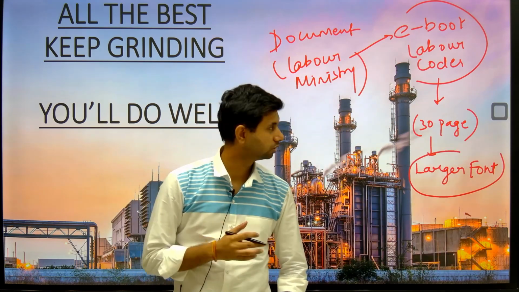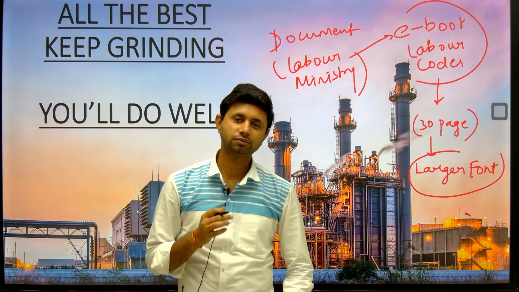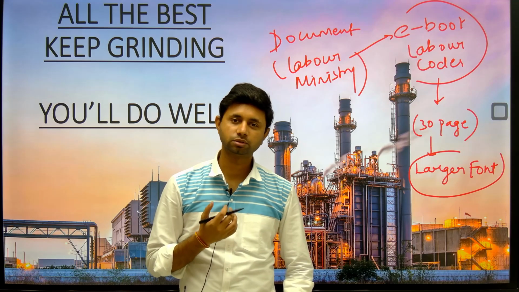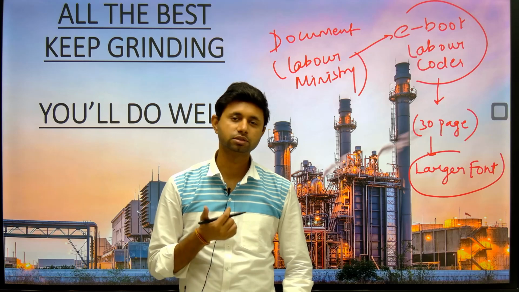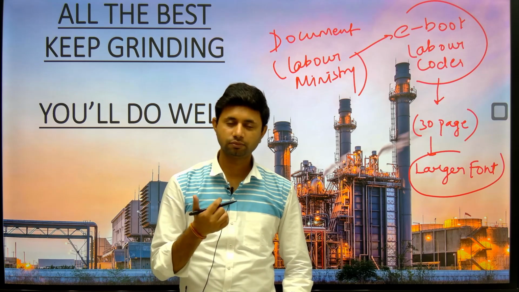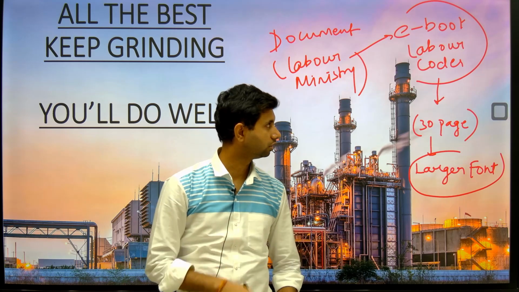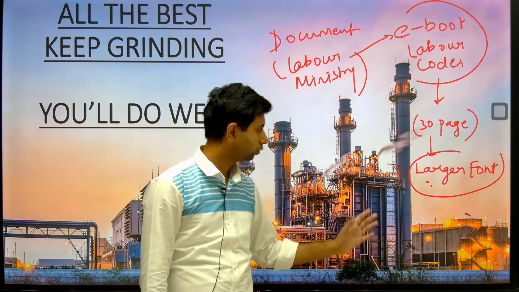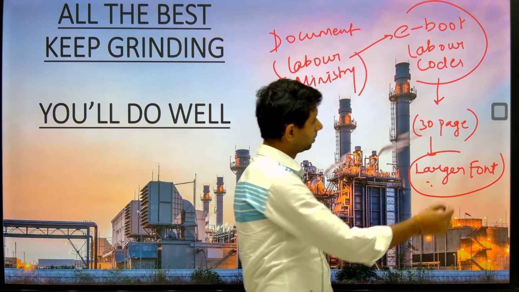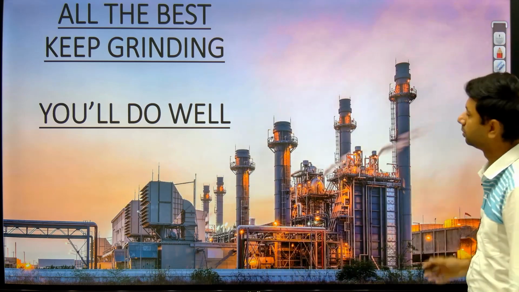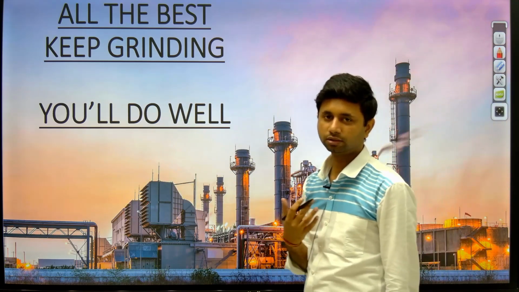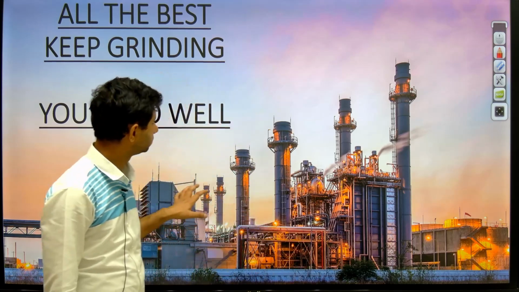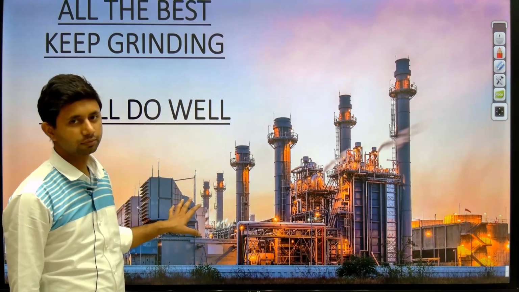Just stick to the basic major things with respect to all the different codes, be it on wages, be it on industrial relations, be it on occupational safety, health and working conditions, or be it on social security. Just have a look at these 4 labour codes, then you will be much more sorted with respect to the acts and regulations part. Okay, prepare theory also, and trust yourself, you will do well.